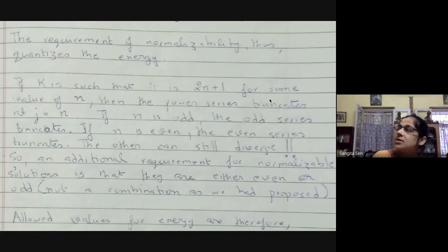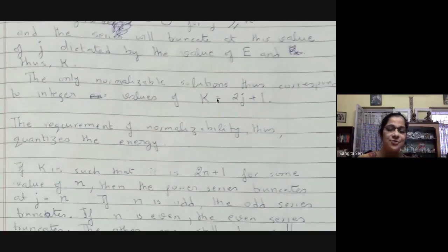No, it wasn't particle in a box. It was the free particle, right? Where the requirement of normalizability quantized my energy. So this is the same here, but it comes in a different disguise.